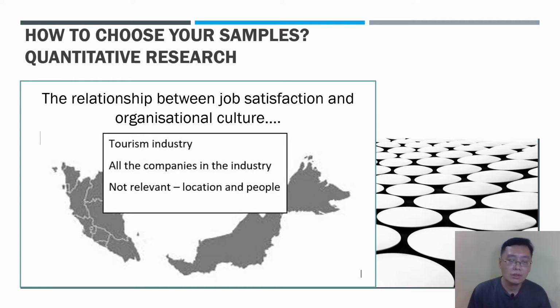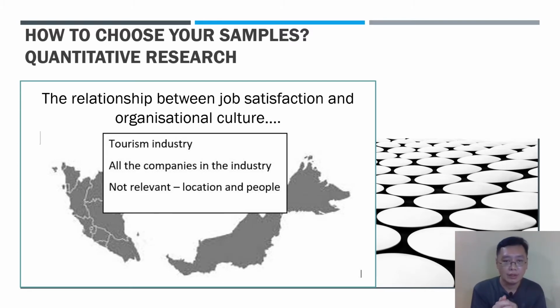Or are you looking at the relationship between job satisfaction and organizational culture of people in the tourism industry? If that is your research objective, then you need to know where the companies are, the tourism companies, and you would want to select samples based on the companies, right? You follow the companies. Let's say in certain states they have more tourism companies, you want to select more samples from that particular state.